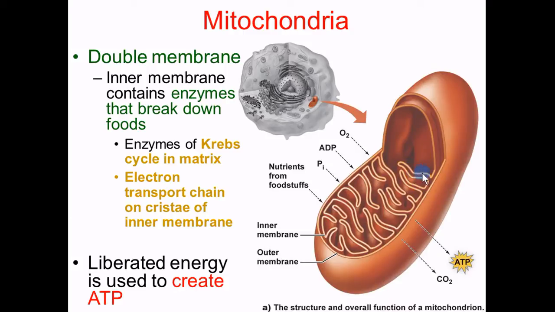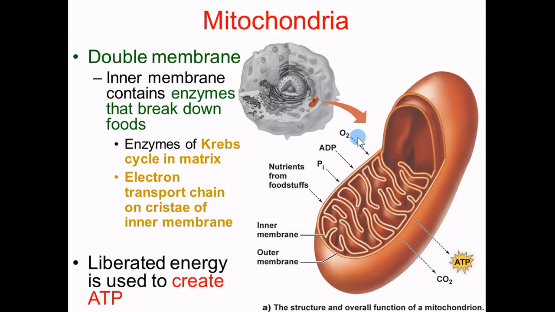But these inner membranes have enzymes that break down food components. And you probably learn this in biology, but there are special processes called the Krebs cycle and the electron transport chain. And what they do is they take electrons. So we talked about atoms briefly in physiology. But they take electrons and bounce them around to manipulate the energy of the electron.